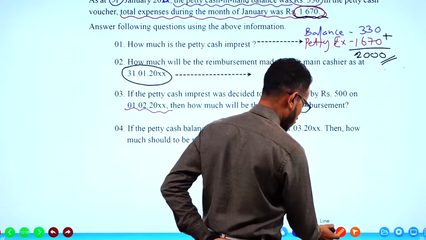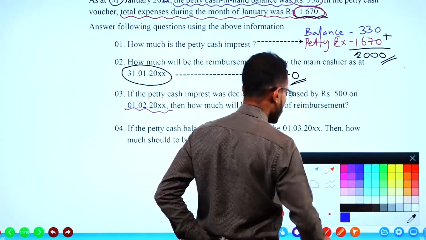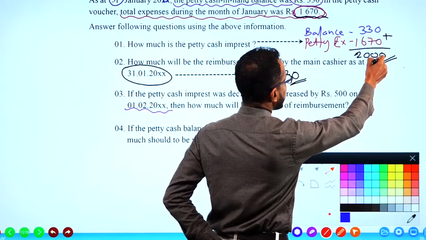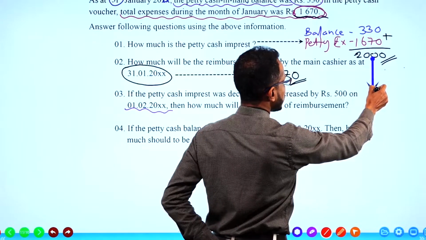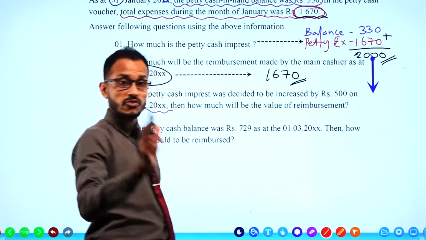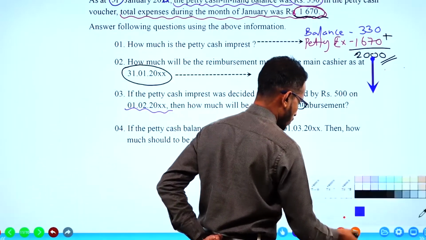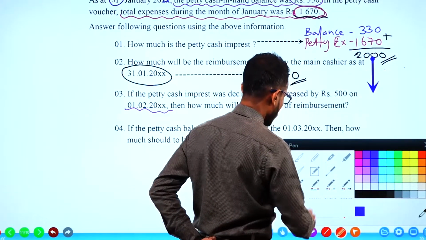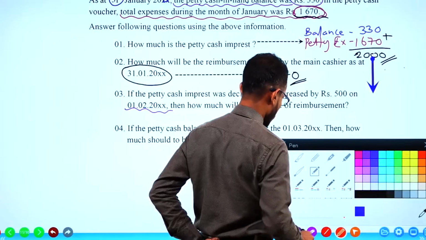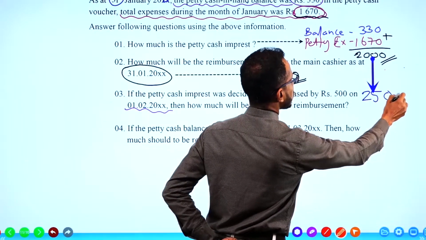Let's mark it: this imprest amount should be 2,500 with the start of February.